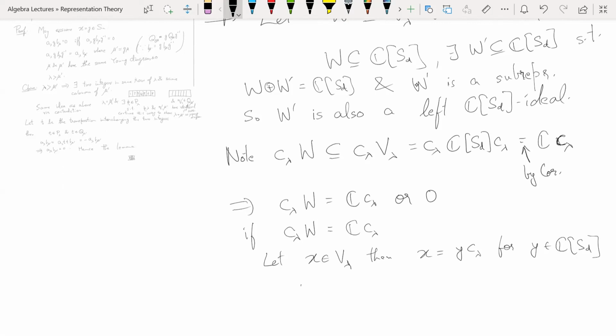So this implies there exists w in W such that C lambda times w is C lambda.